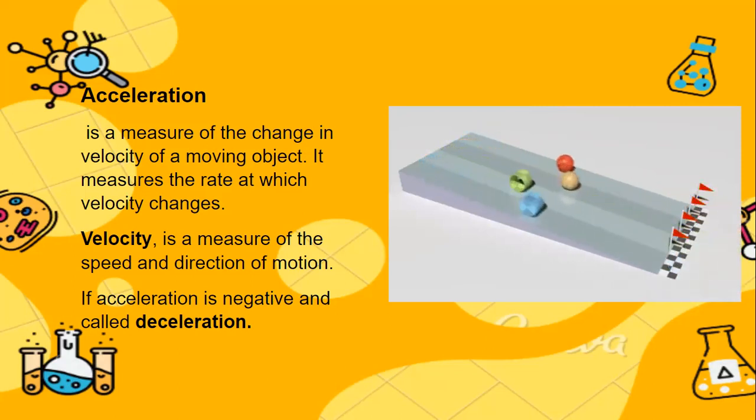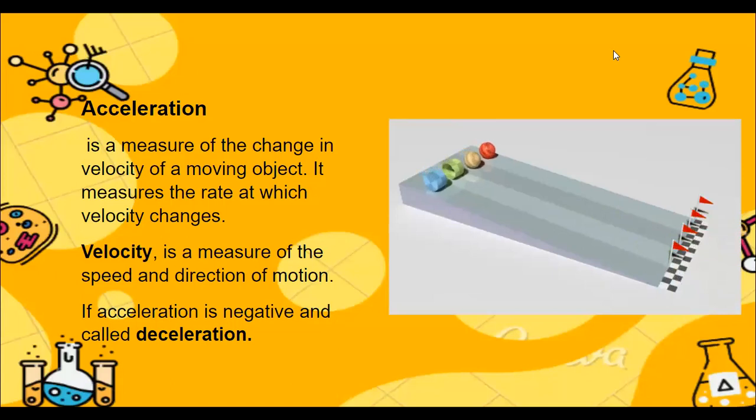So makikita natin, ang nauuna dyan is the brown one. Next is the blue. The third is the red. And the last one is the green. So as you can see, they have different velocity po, no? Their velocity is being affected by their weight or the mass they have.